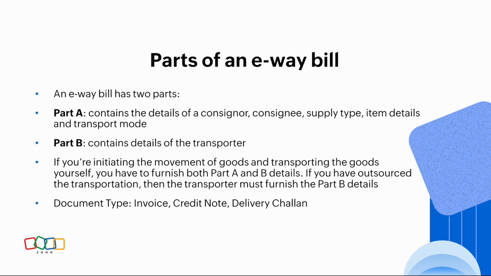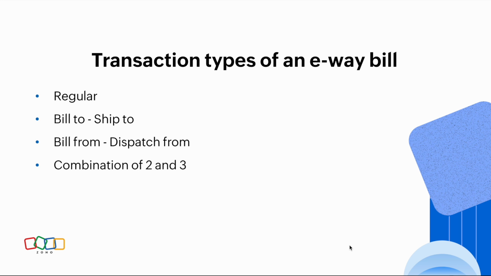Or if you have outsourced to a transporter, the transporter must furnish the Part B details and you can furnish only the Part A details alone. The document types supported for e-way bills in Zoho Books are sales invoice, credit note and delivery challan.